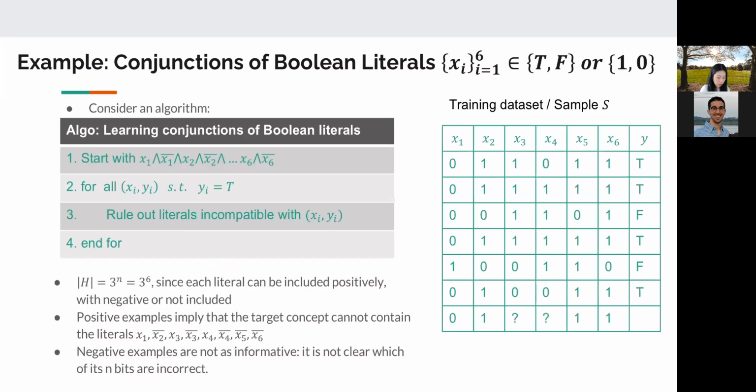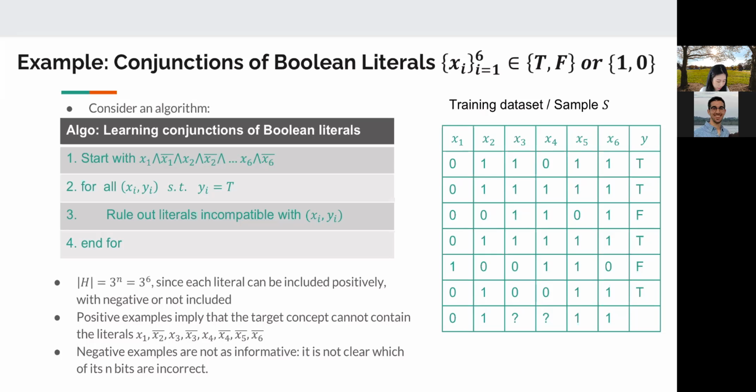Since we've talked about this generalization error and the sample complexity, let's use an example to show how we can put these theorems into use in practice. We're going to consider a very, very simple example, conjunctions of Boolean literals. Let's say you have 6 Boolean variables, x1 through x6.